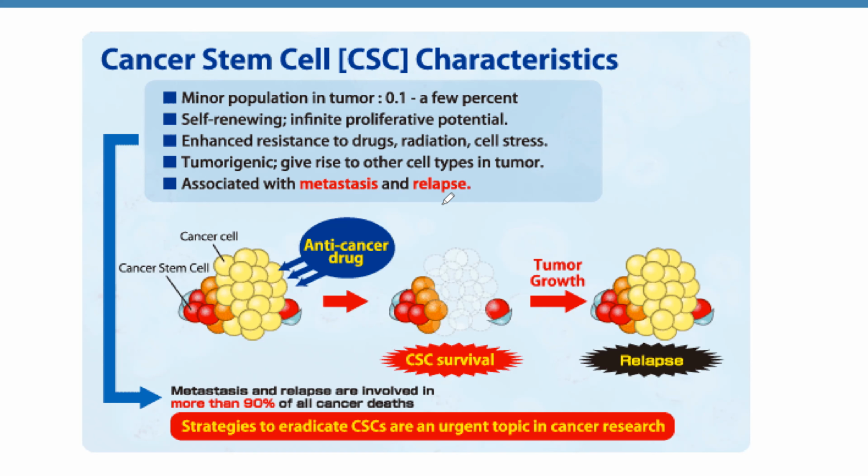Like, why? So here's the tumor of cancer cells, and we use some anti-cancer drugs or radiation, right? And we kill the tumor cells, so we completed the task. However, cancer stem cells are highly resistant, so they survive.